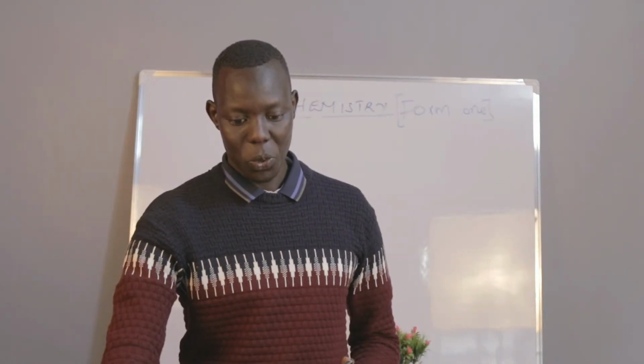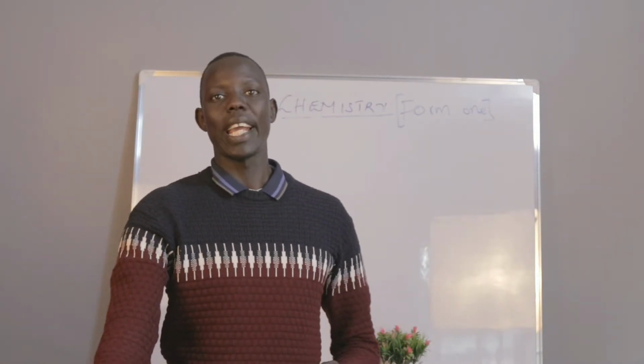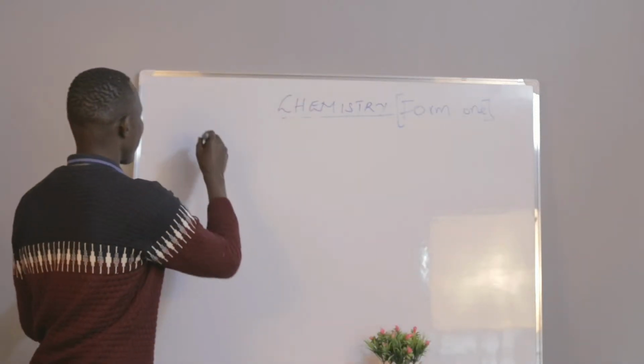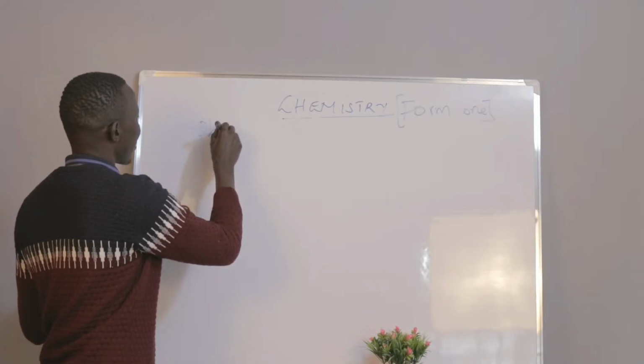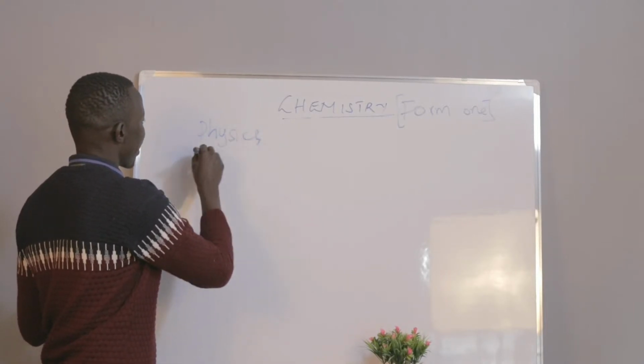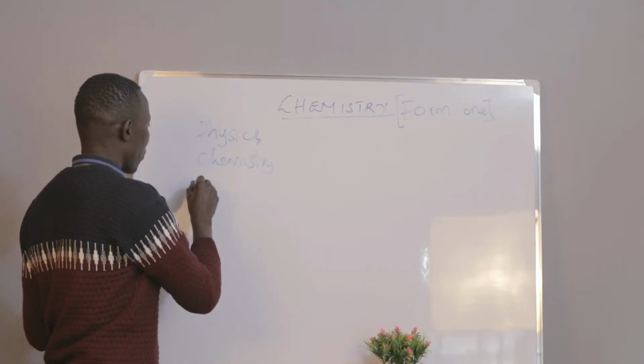So now, let me go back to what I wanted to discuss today. I want to talk about introduction to chemistry. This is the one that will link the primary science to the high school science. In high school, we have 3 sciences. That is, we have the main science, which is physics, chemistry, then we have biology.